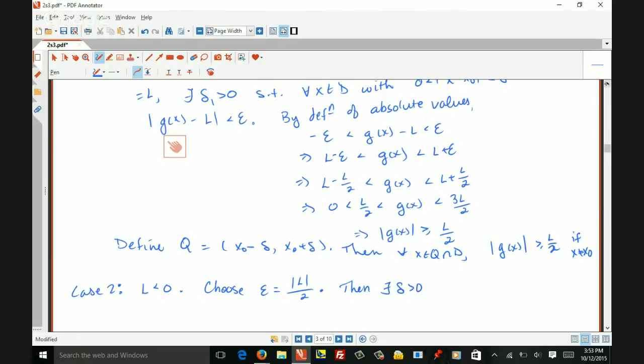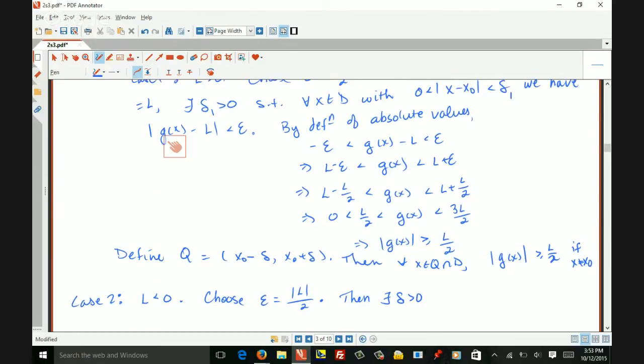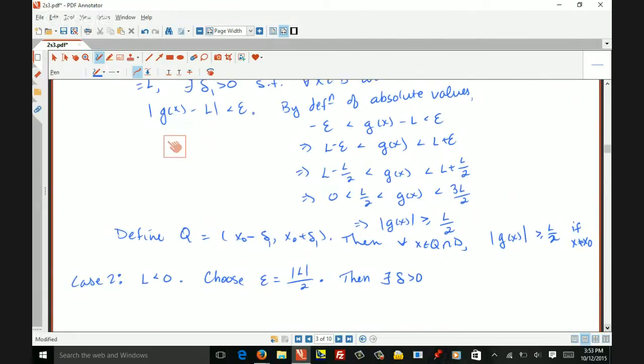I've got another delta floating around. So let's go make these all delta 1s. And down here, we're going to make this a delta 2, such that for all x in D, with 0 less than |x minus x naught| less than delta 2, we have g of x minus L is less than epsilon.